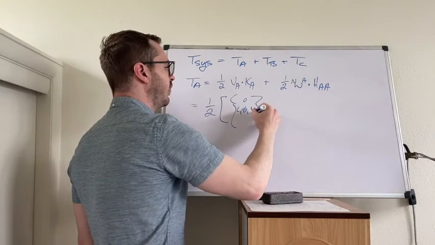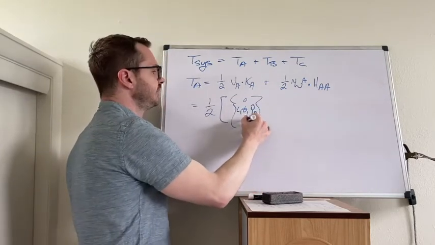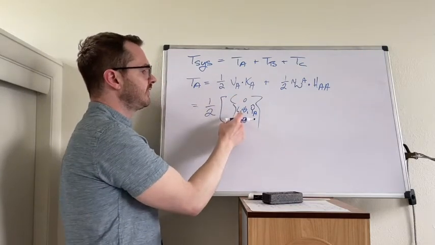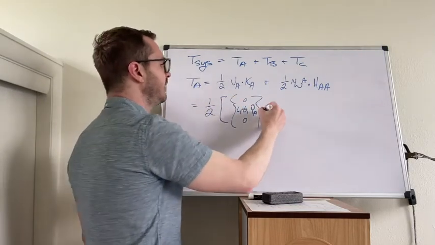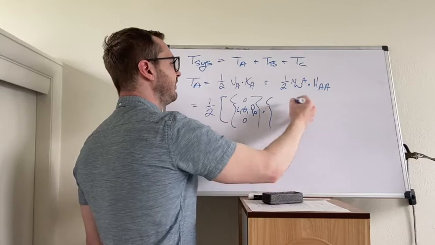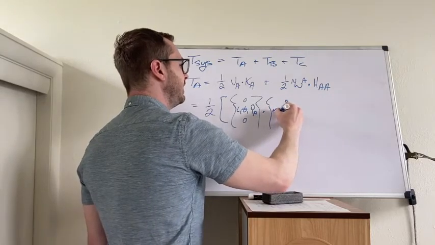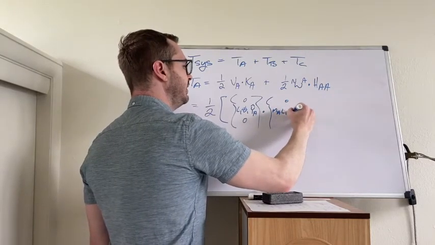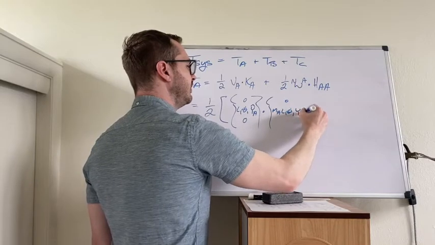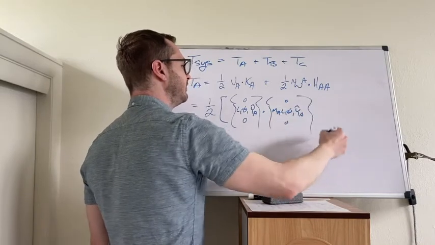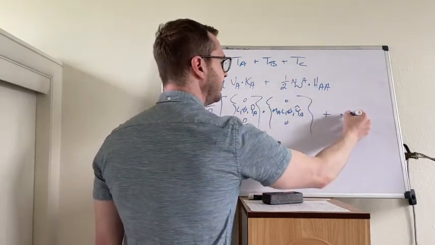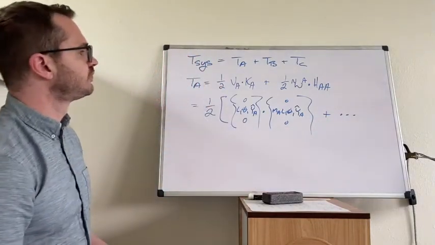This was in the y hat a direction, right? So nothing in the x, nothing in the z, velocity in the y. We're dotting this against 0, mA L1 theta 1 dot, y hat a, 0, plus, so we'll just say dot dot dot for now.